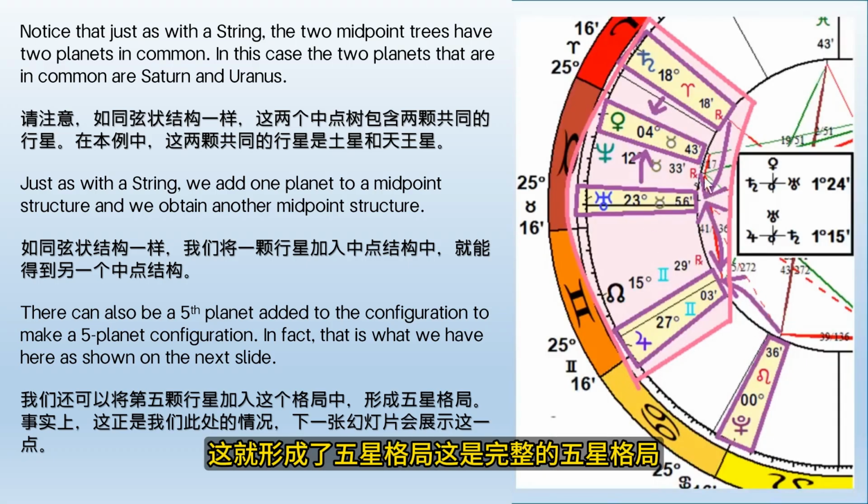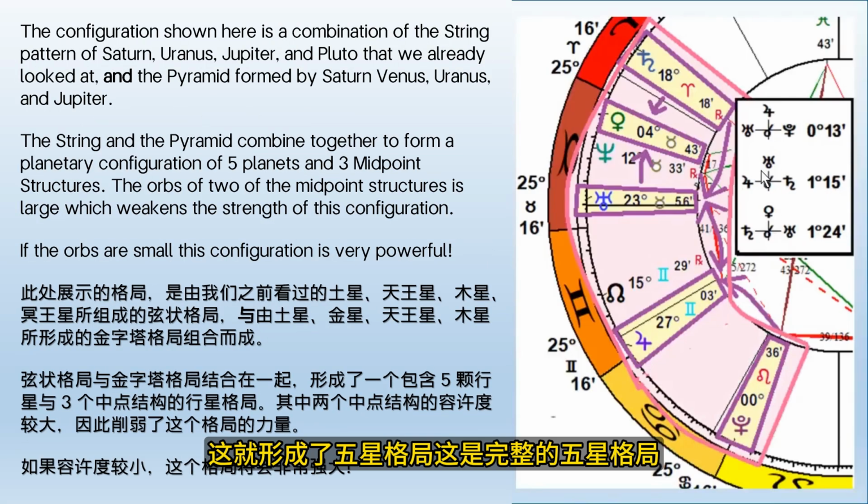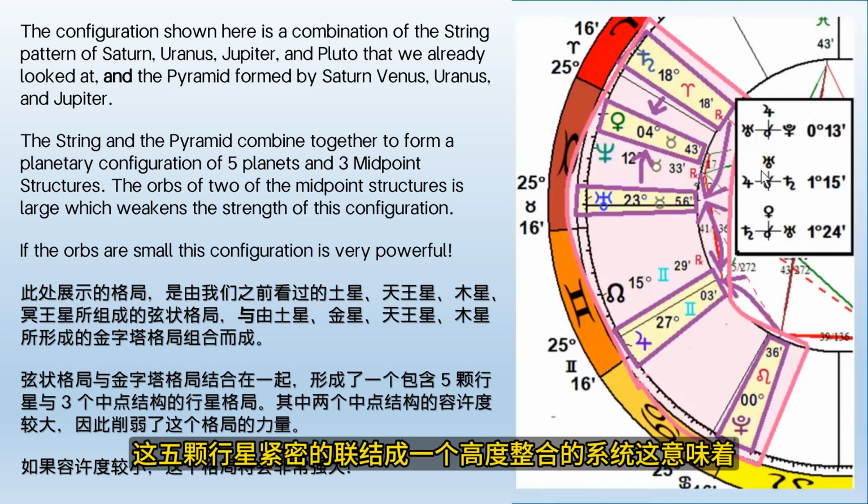the string. So this is a 5-planet configuration. So here's the full 5-planet configuration. These 5 planets are tied together in a very tightly integrated system.